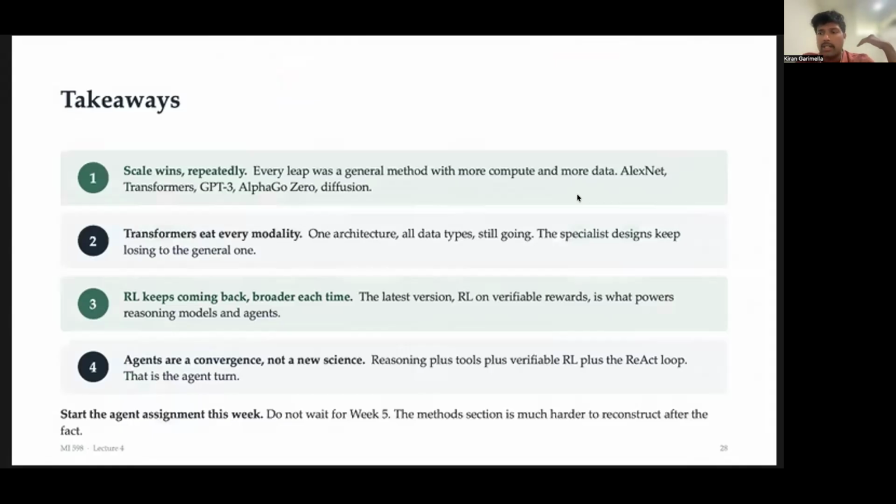Try it out and come up with something that is methodologically solid, where you've tried a bunch of things and you feel like it works wonders in a certain thing or does not do a good job. How does it compare to your regular ChatGPT or Gemini usage on the chat interface? So take some time, think about it, and work on it.